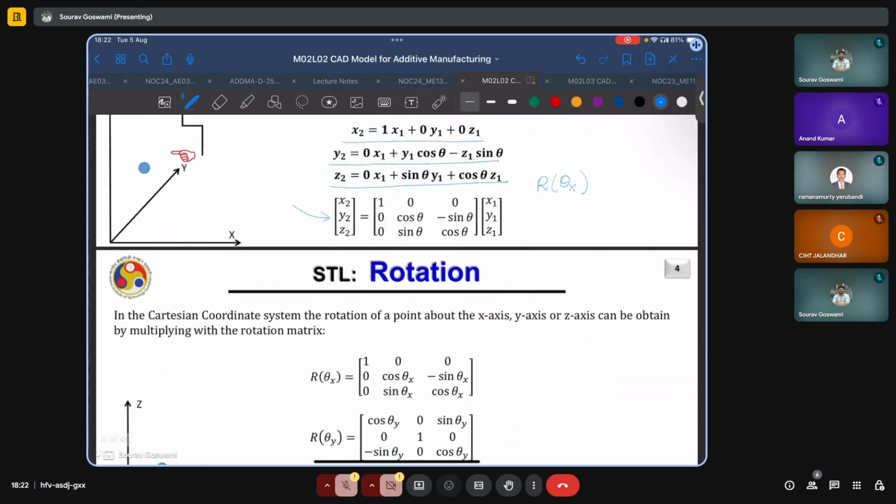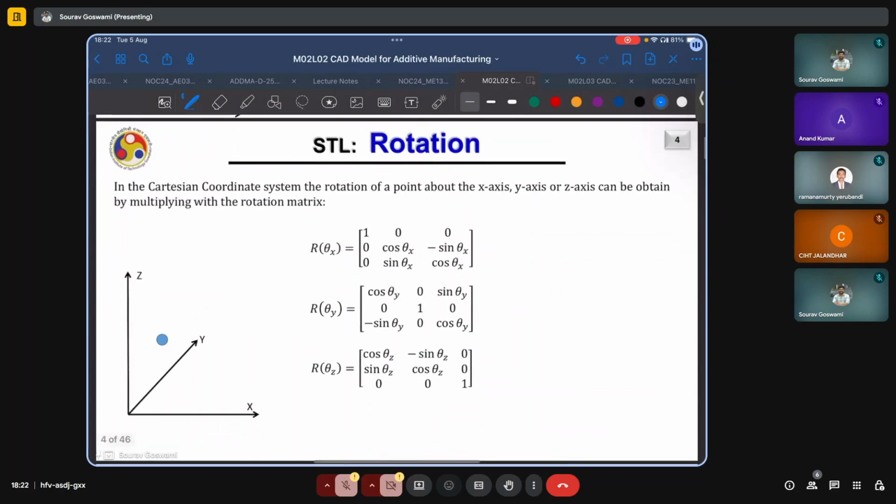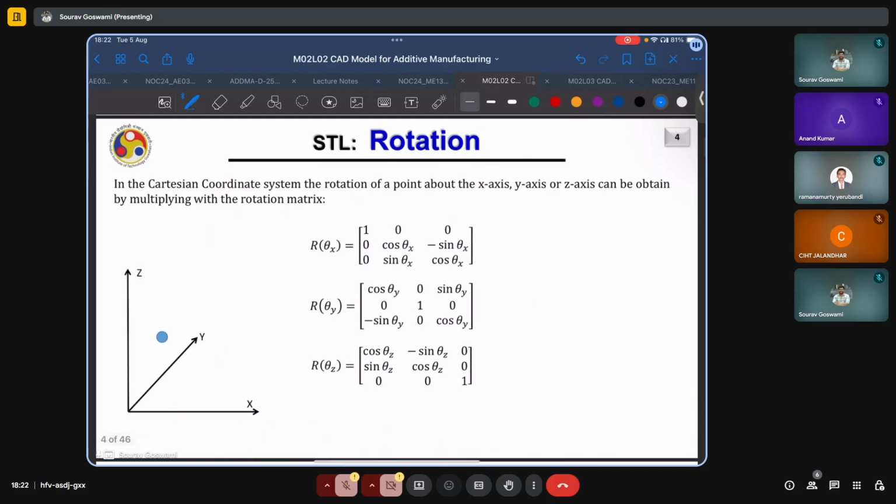Now this was the case for rotation about the x-axis, but the case for the xy plane, where we have a rotation about the z-axis, or the xz plane, where we have a rotation about the y-axis, will not be very different, and the respective rotation matrices are already computed and available here for our ready usage.